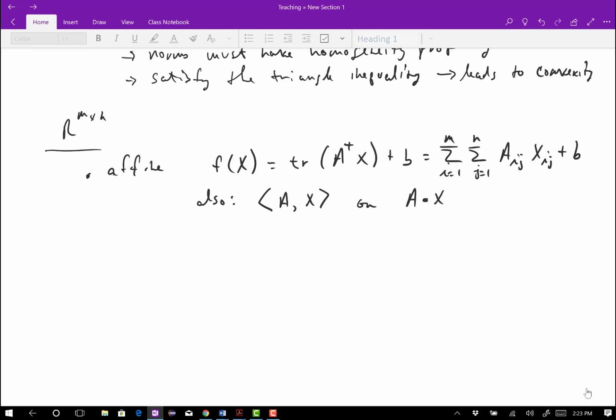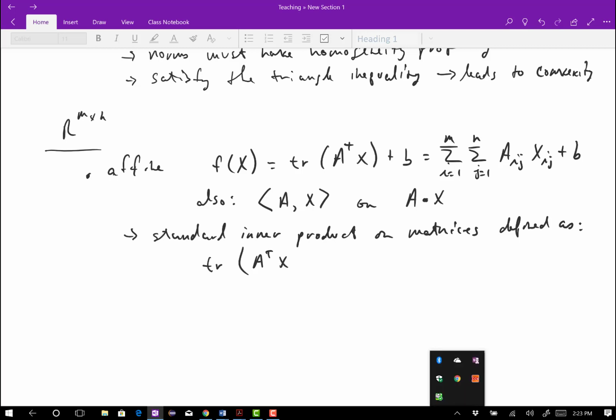So this is a standard inner product on matrices, and it's defined as the trace of A transpose X. So much like we generalize the idea of inequalities, we're generalizing the idea of an inner product as well.